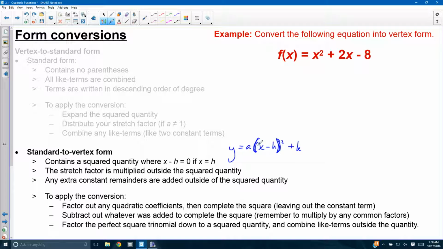Okay? In other words, only a 1 for a coefficient in front of x. The stretch factor is multiplied outside the squared quantity, not a problem, and any extra constant remainders are added outside the squared quantity. So if there's something that doesn't fit within here, we leave it out.